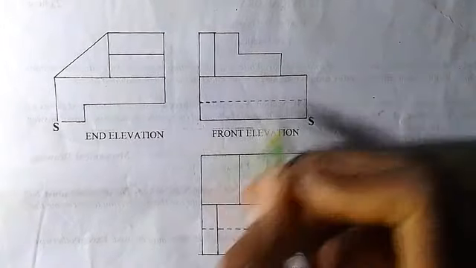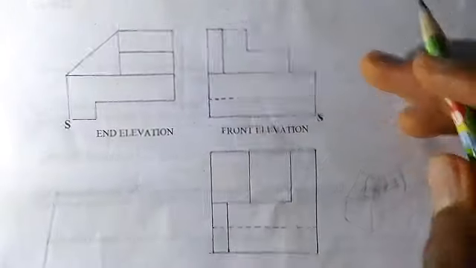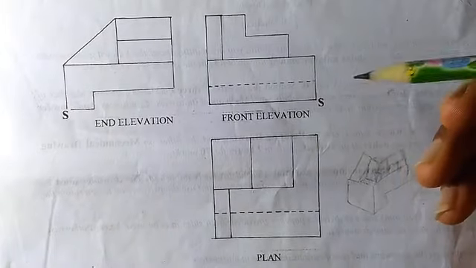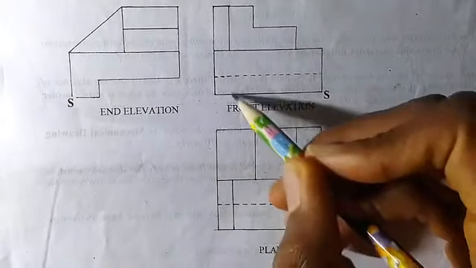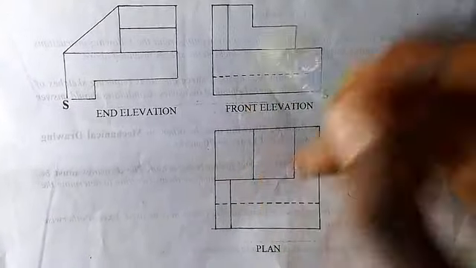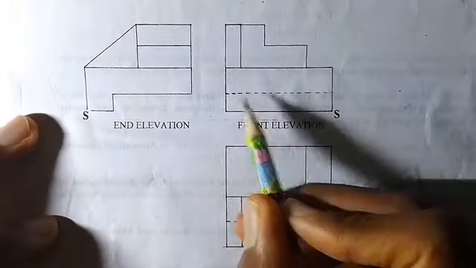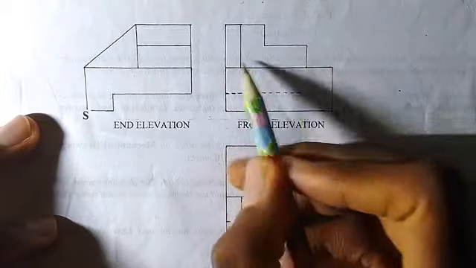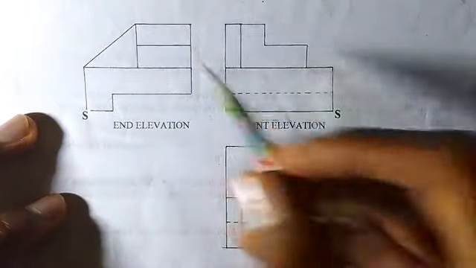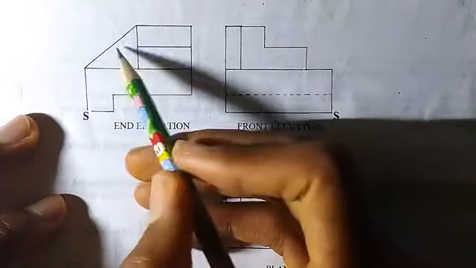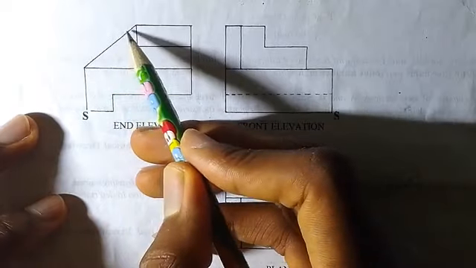So this is the front and this is the side. That's what we are given. For the front, we are given this side here. So let's first understand our given views. For the front, we are given here, here, and here. For the side, this part that is here is this, but it is slanted from the side view.